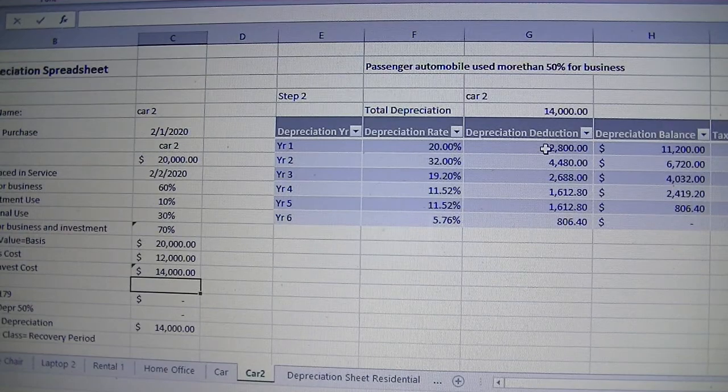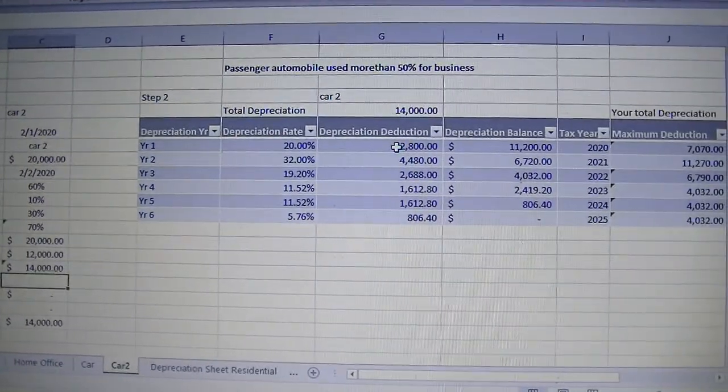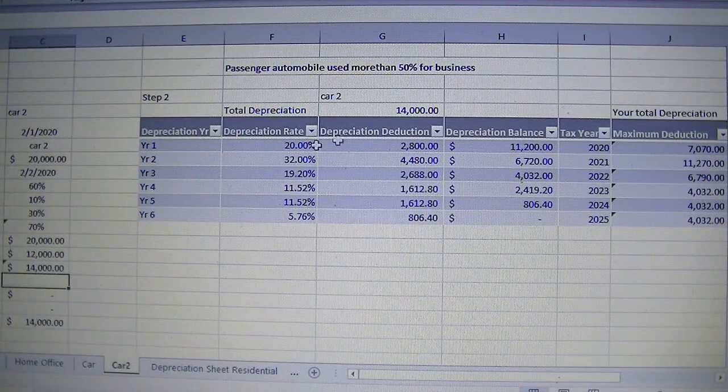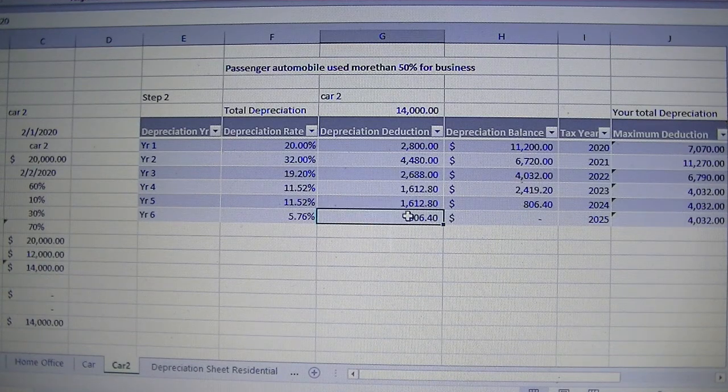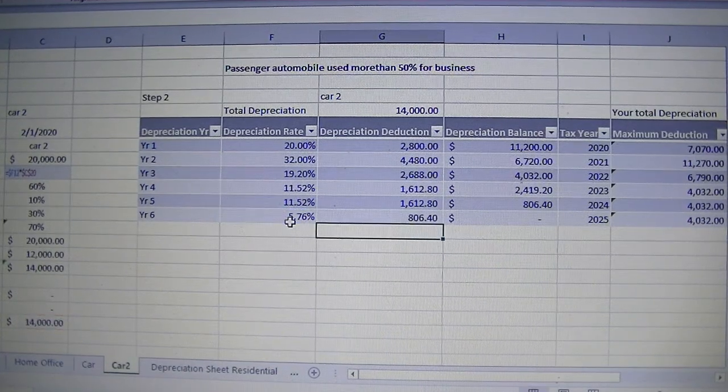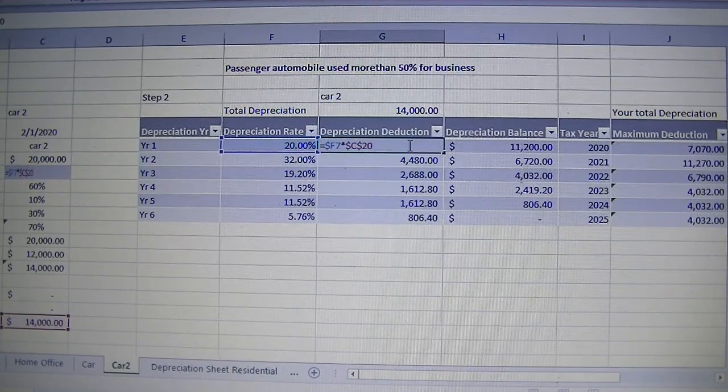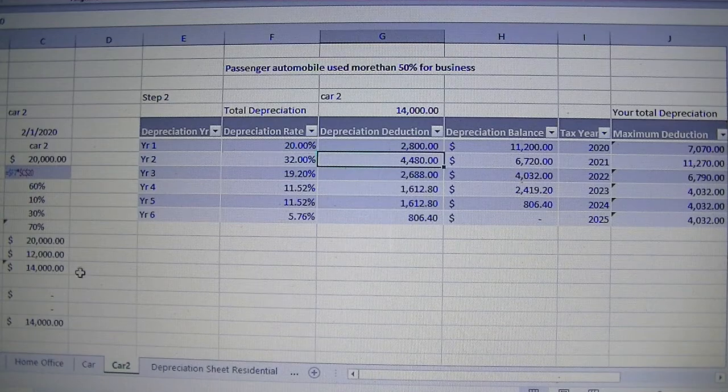And the depreciation deduction will calculate it automatically, but it's just taking 14,000, the business and investment costs, times the rates for every single one of the years. So for the last year is 14,000 times 5.76%, and for the first year is 14,000 times 20%. So it's going to take the basis for depreciation times the rates for every single one of the years.